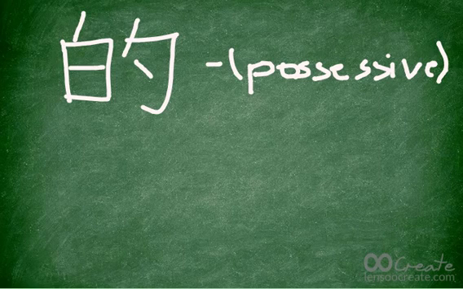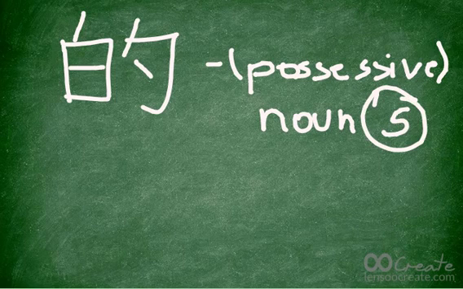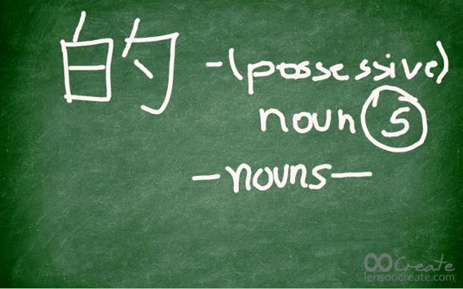For example, in English the most common example is like John's whatever. So it's like noun apostrophe s. This is what that means. It also makes nouns into adjectives.